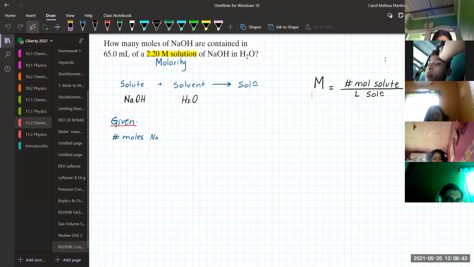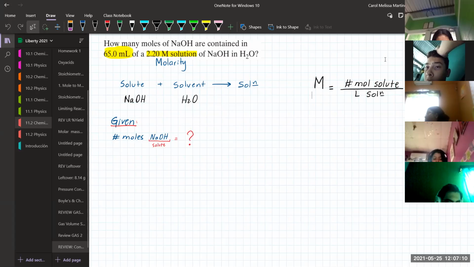Remember that NaOH is the solute. So they're asking me to find the number of moles of solute. This is unknown. On the other hand, they are giving us the volume of the solution, 65 milliliters.